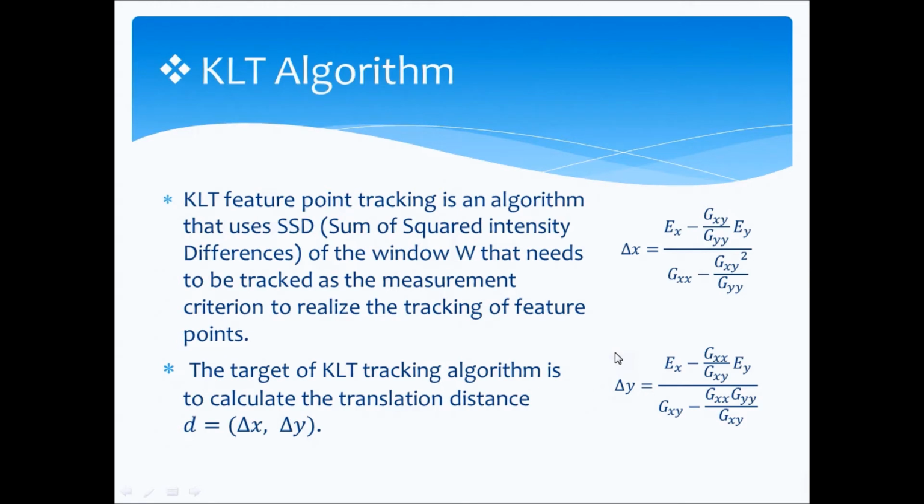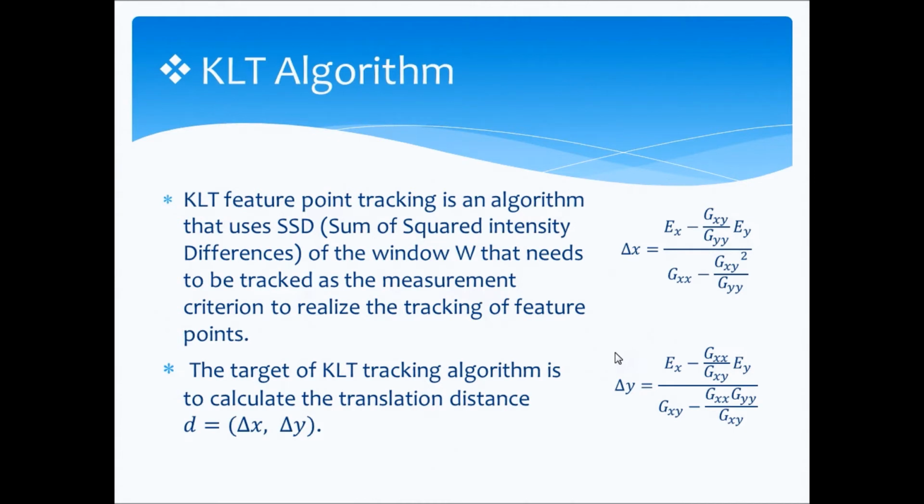Among many of the optical flow methods, the KLT feature points tracking algorithm is the one that has the best performance in terms of accuracy and real time. The KLT algorithm assumes a feature window W and uses the sum of squared intensity differences of that window as the measurement criterion to realize the tracking of feature points.